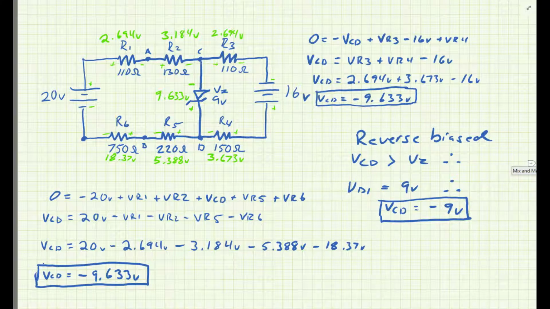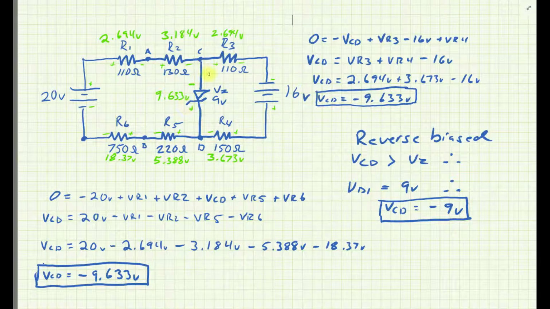Now that we know that, all of these initial voltages that we found that the diode would have seen at the time of power up are going to change by just a little bit, because we're just barely over that 9 volts. But essentially all these voltages are now different.